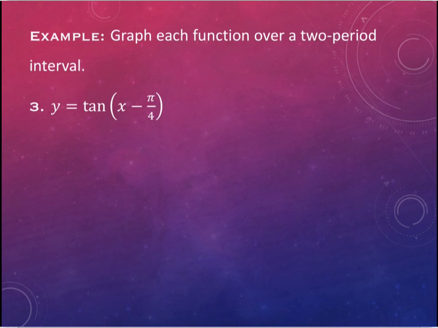So let's take a look. When we're finding the period of this, the period will be pi over the number multiplied by x. So what number is multiplied by x? 1. It's just 1. So my period is still pi here, right? Okay, so that addition and subtraction business doesn't affect my period.